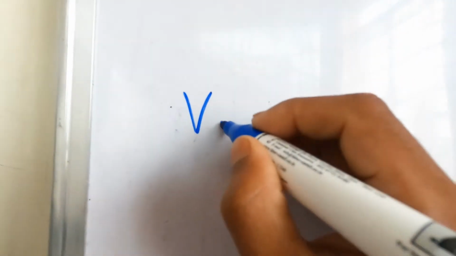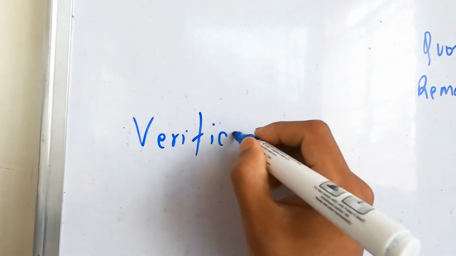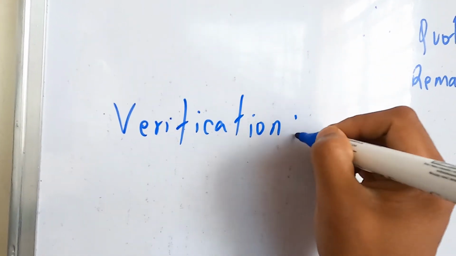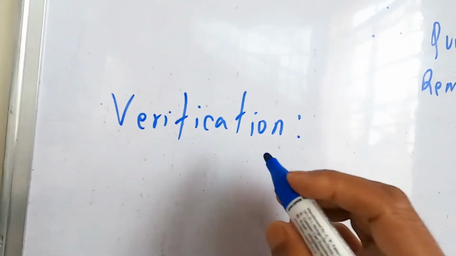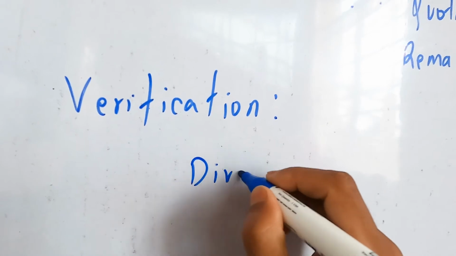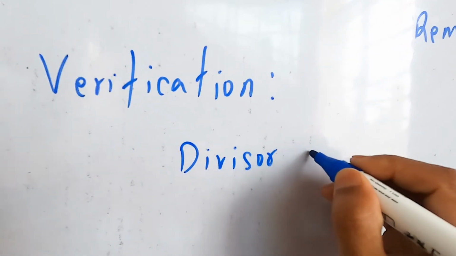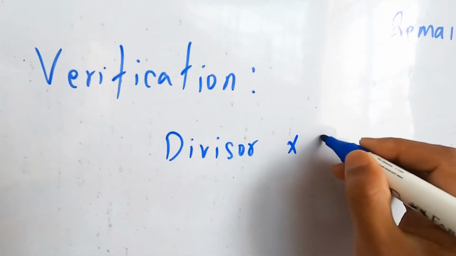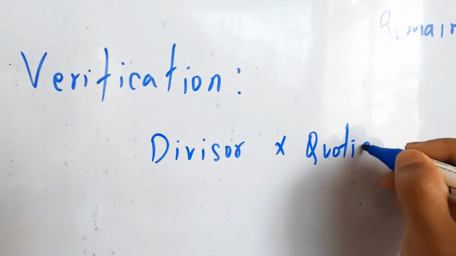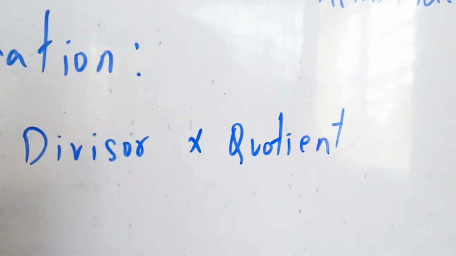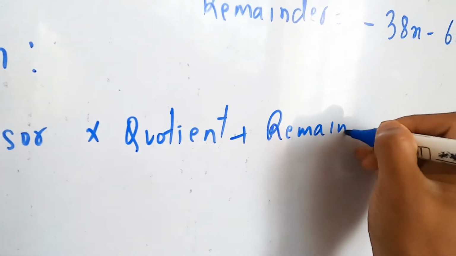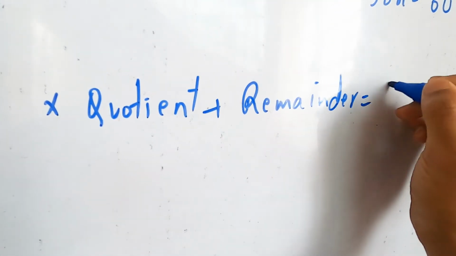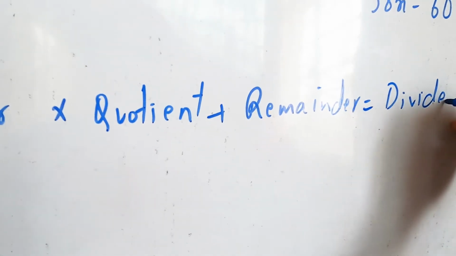So we will write here verification. For verification, we have to use this formula which is given in your book: divisor into quotient plus remainder is equal to dividend.